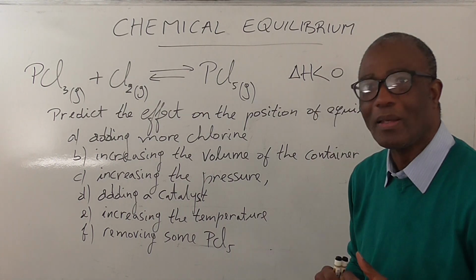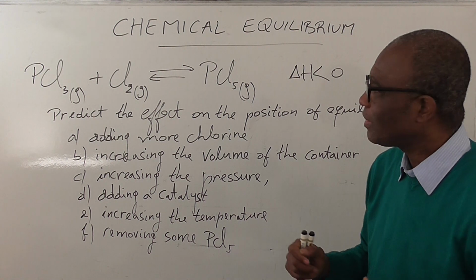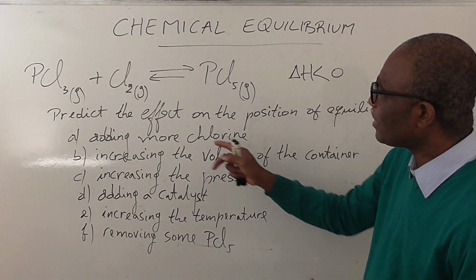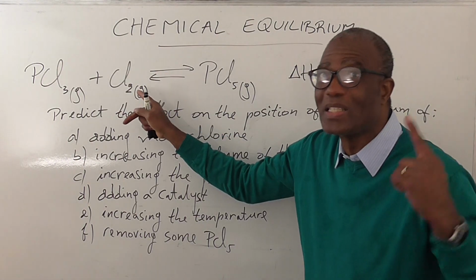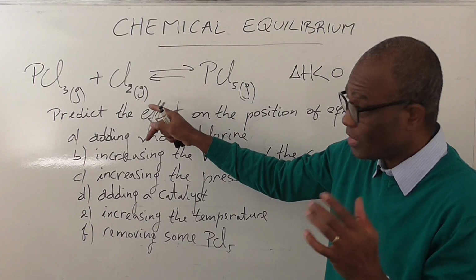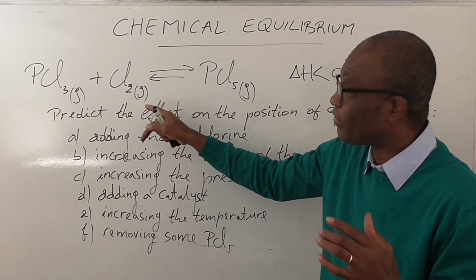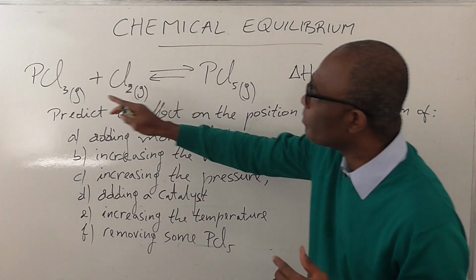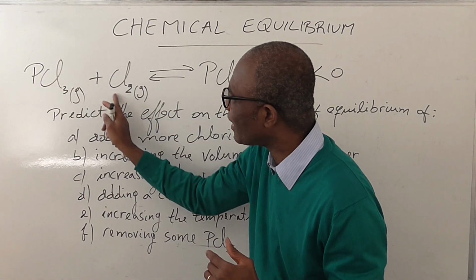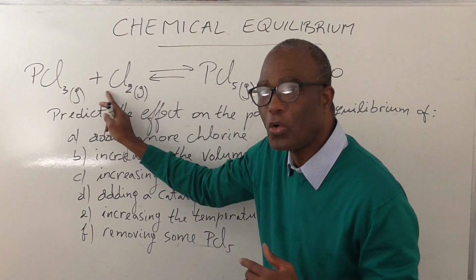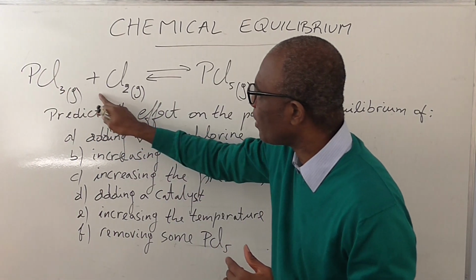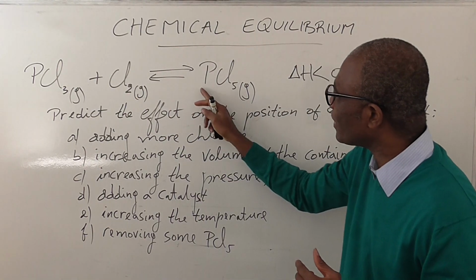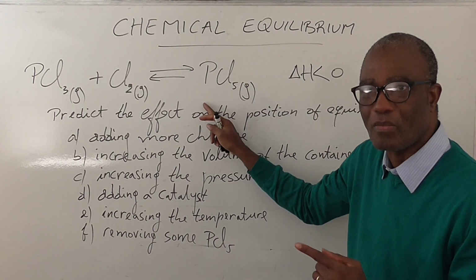The Le Chatelier principle predicts that if we increase the pressure, we are going to have more PCl5, because on the left-hand side we have 2 moles in total, but on the right-hand side we have only 1 mole.